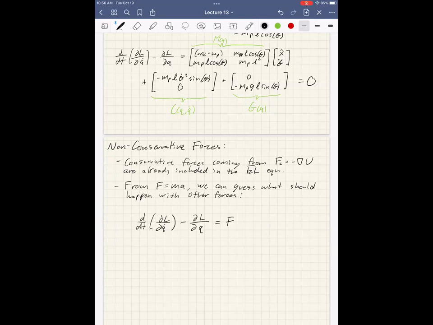Stated in manipulator equation terms, that looks like this. So equivalent stuff: you can just stick generalized forces on the other side of this. And what we mean by generalized is that they have to be defined in the Q coordinates.